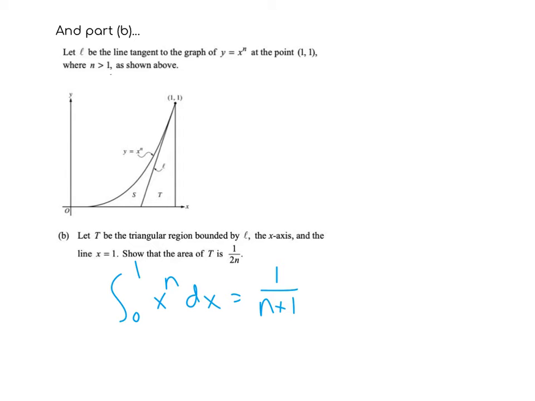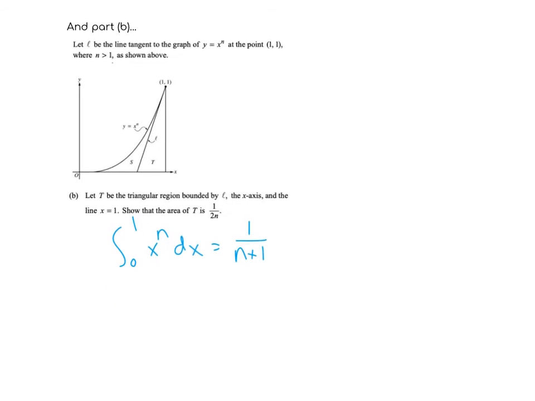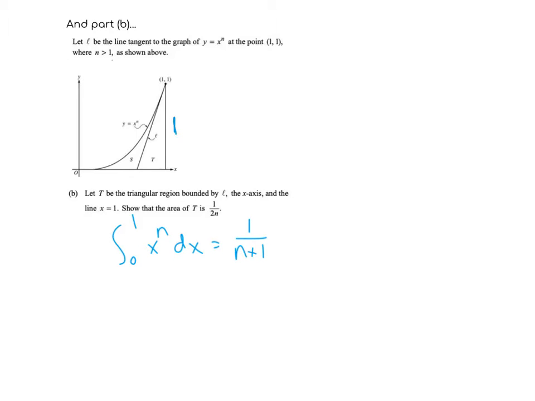Bounded by the line L, x-axis, and... okay. So this distance is 1, I can tell you that. So I need this. I need 1 times that distance divided by 2 to be 1 over 2n. So I need question mark to just be 1 over n. And let's figure out why that would be 1 over n.